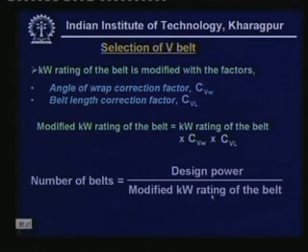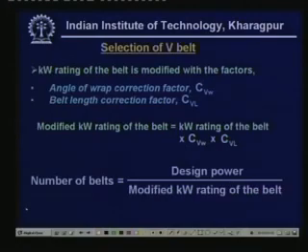Then what you do, you just modify the kilowatt rating of the belt. What are the modification factors? The modification factors for the belt are like this: the angle of wrap correction factor, that is CVW, which we have discussed earlier, and then the belt length correction factor, this is the CVL.